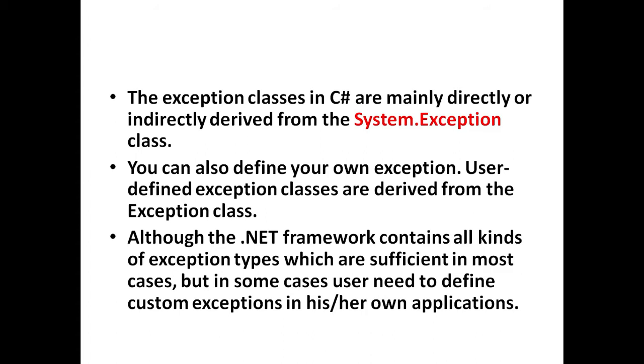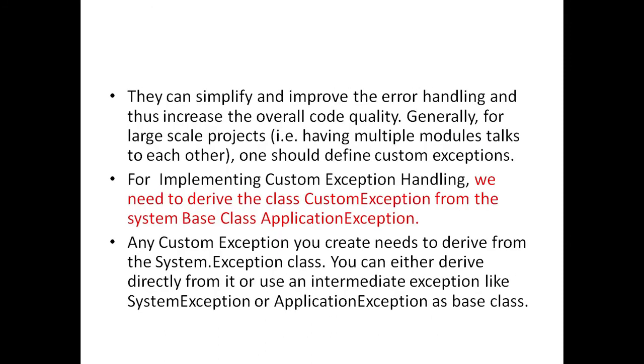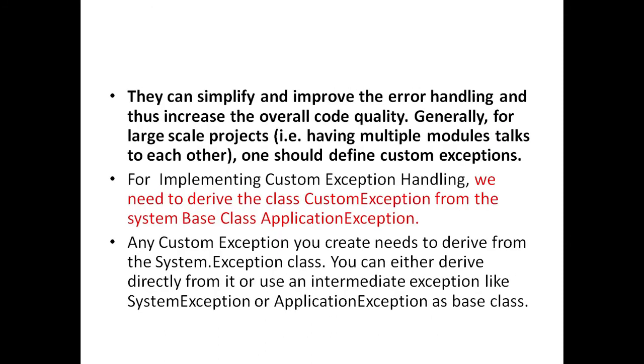Although the .NET Framework contains all kinds of exception types which are sufficient in most cases, in some cases users need to define custom exceptions in their own applications. They can simplify and improve the error handling and thus increase the overall code quality.